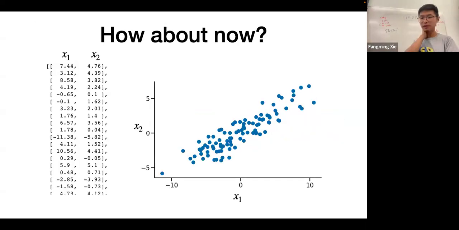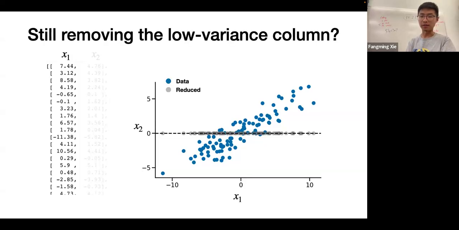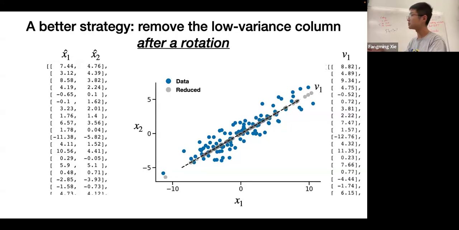Okay, so what about a more complex case? What if you have a structure that looks like this, an X shape where one is tilted? Do we still remove one of the columns like this? I guess you can, but intuitively we think we can do better than just dropping one column. What we can do is think of it as a rotation.